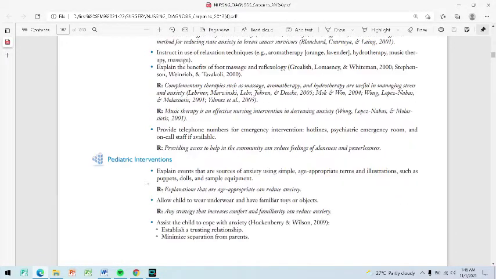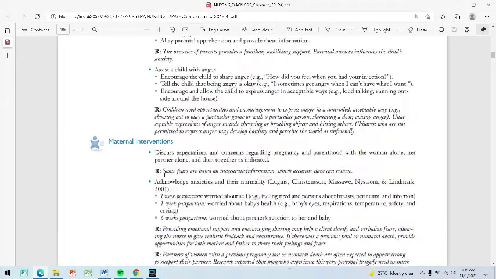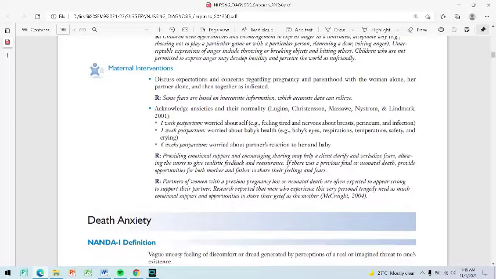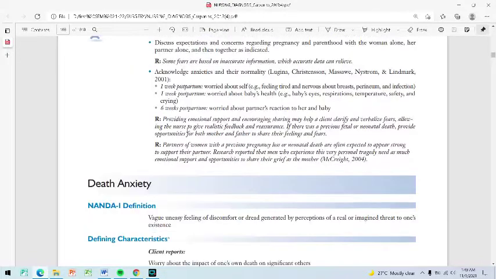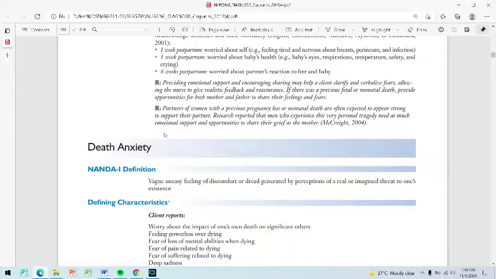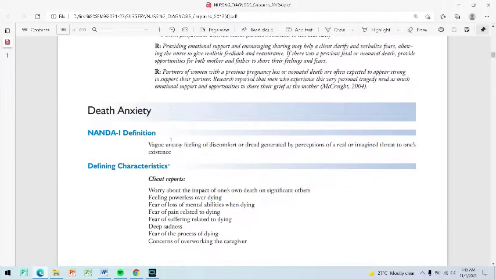By the way, there is also a pediatric intervention in case your patient is a child, and there is also a maternal intervention. So these are the second classification of anxiety, death anxiety.